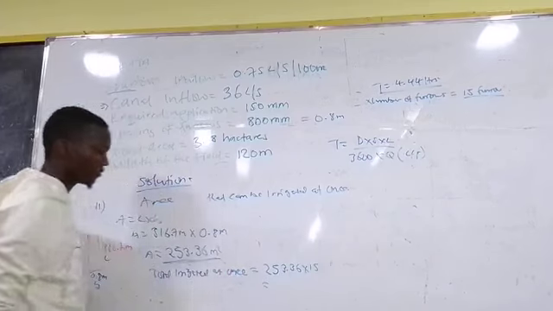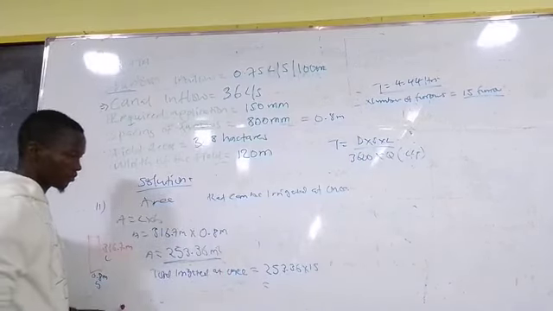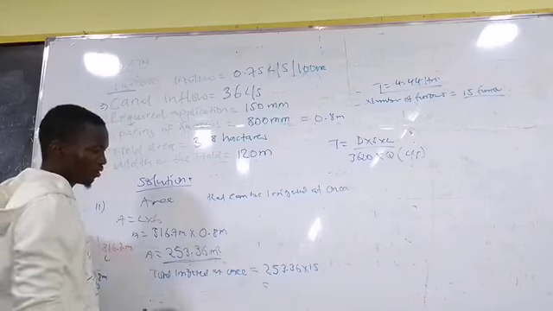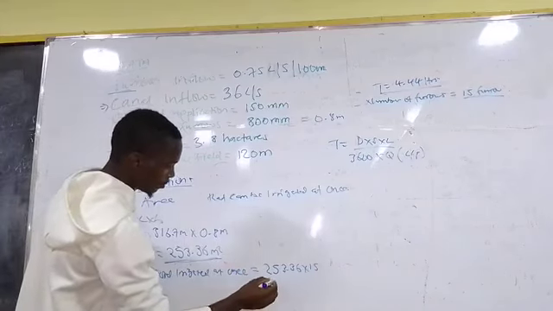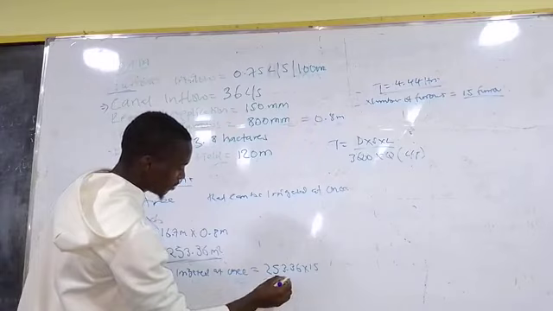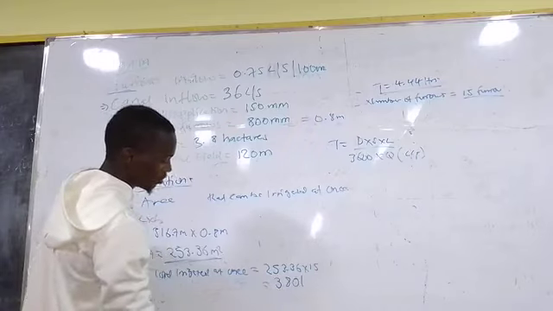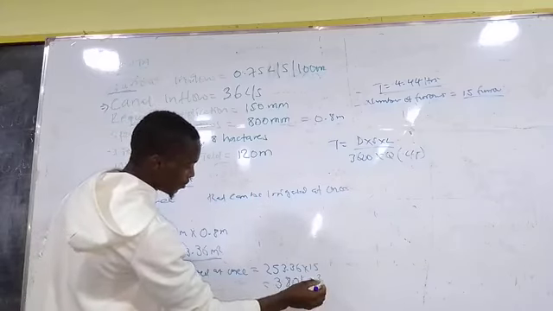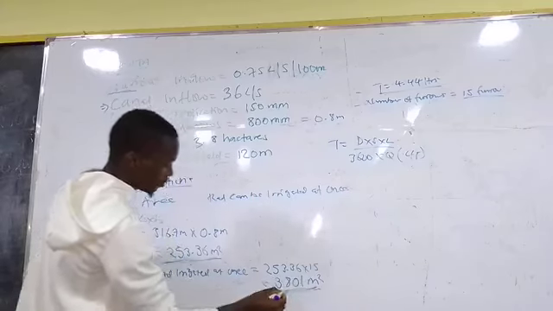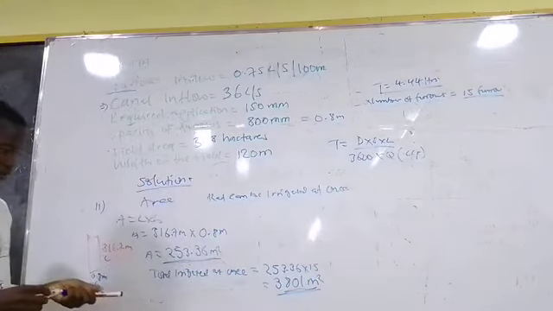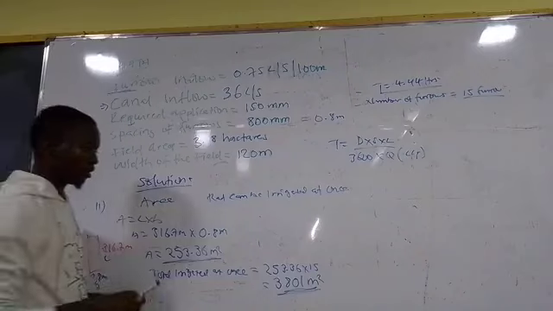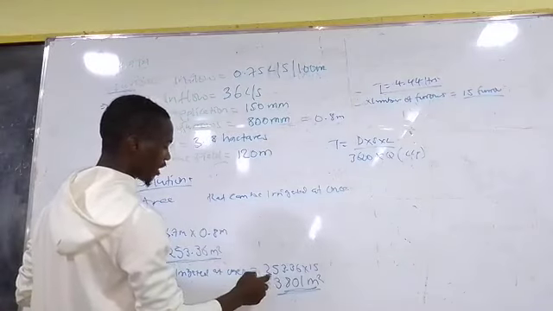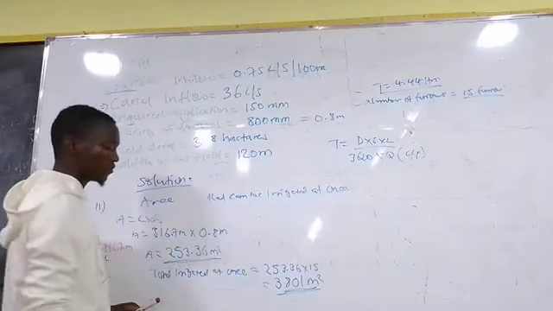What answer do you get? 3801. The area, right? Meter squared. 253.36 times 15.